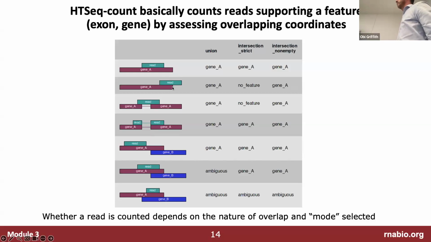Aren't we losing information about potentially novel isoforms and novel expression? The answer is yes. And these count-based approaches that are about gene level estimation throw away all that complexity. They don't really give you even differentiation between known transcripts, and they tell you nothing about novel transcripts. So if you want to learn about novel isoforms, then you need to use a more sophisticated approach like StringTie or something similar.